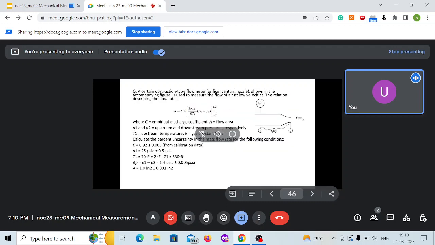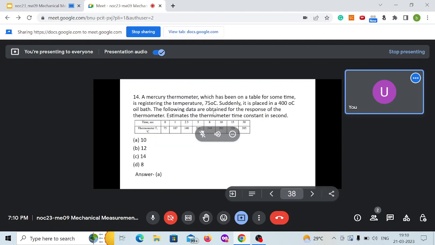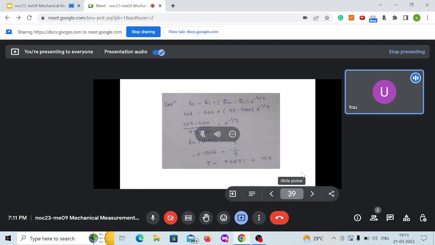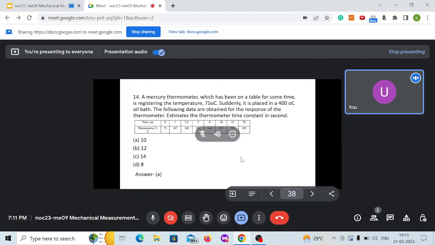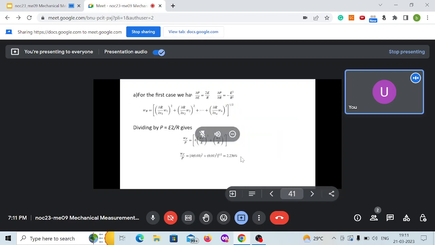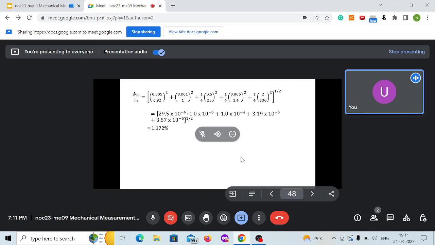In the previous case, we have a set of data, but we used a single data point. We just used time equals 1 second and the corresponding temperature of 107, and using that we estimated a time constant. The question is similar here.